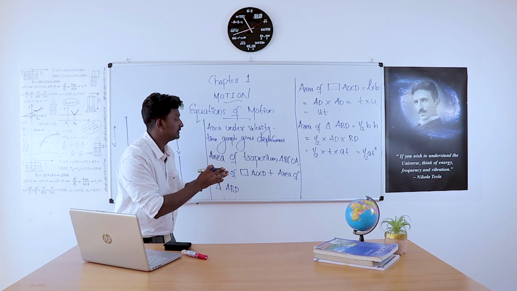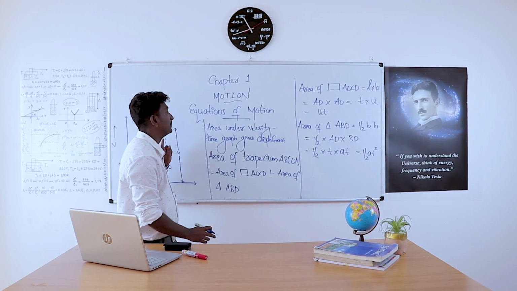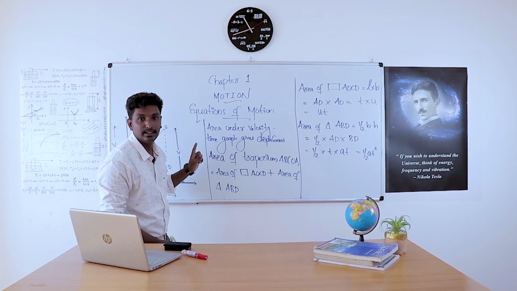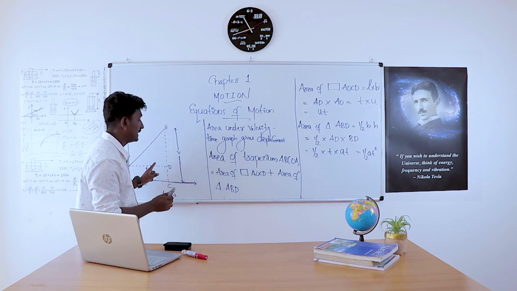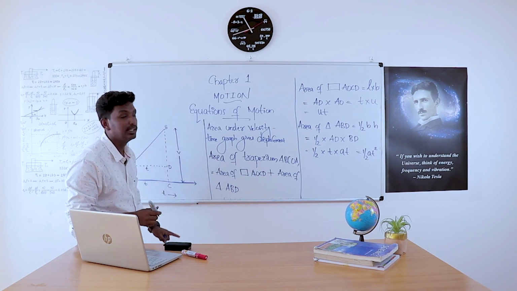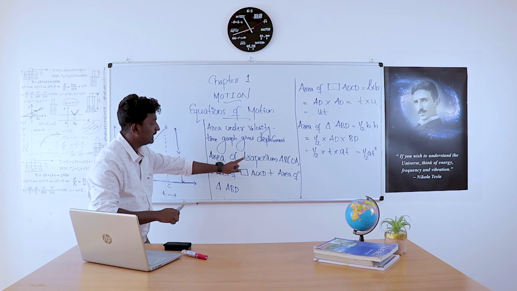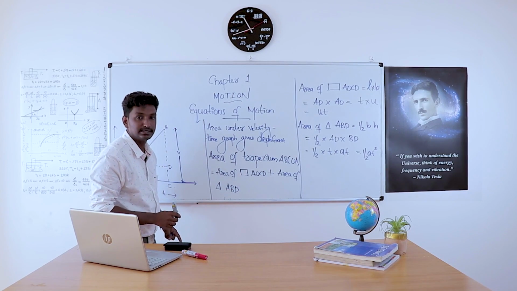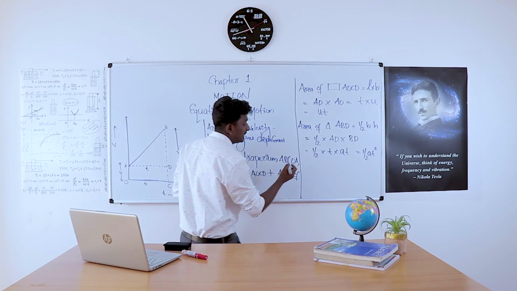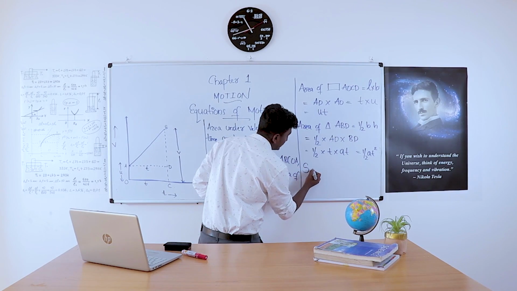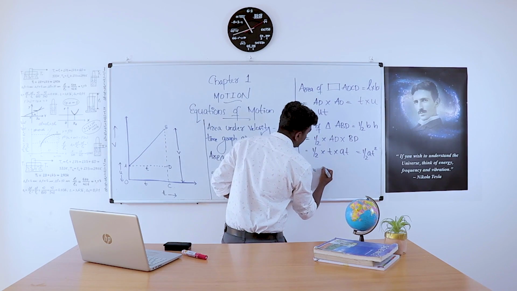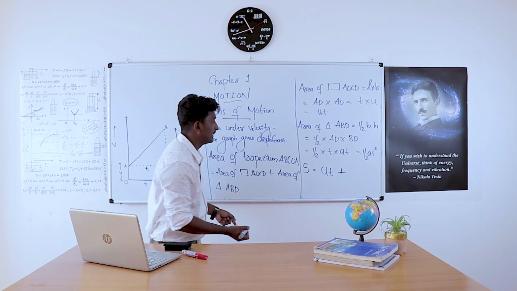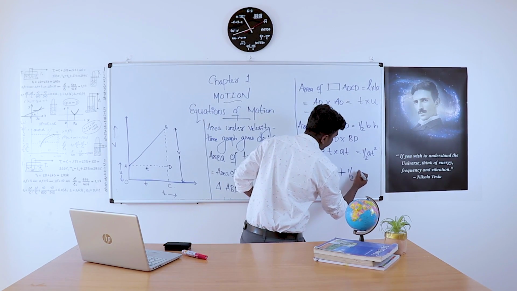When adding these two, we get the area of trapezium ABCOA. We know that the area under velocity time graph gives displacement. Therefore, the area of trapezium ABCOA is the displacement. The displacement is denoted as s, equal to the area of rectangle already found, ut, plus the area of triangle, half at square.